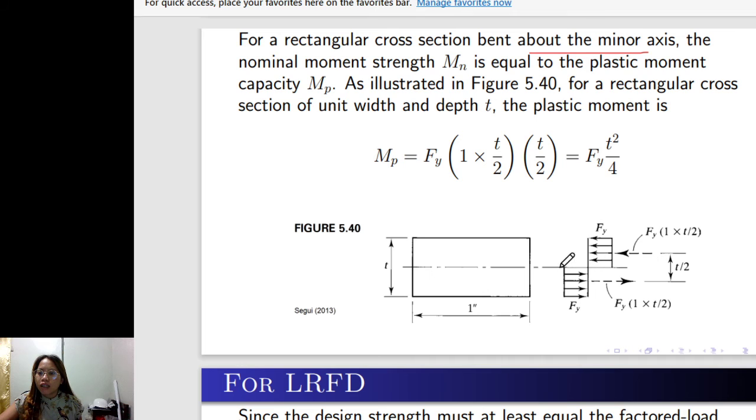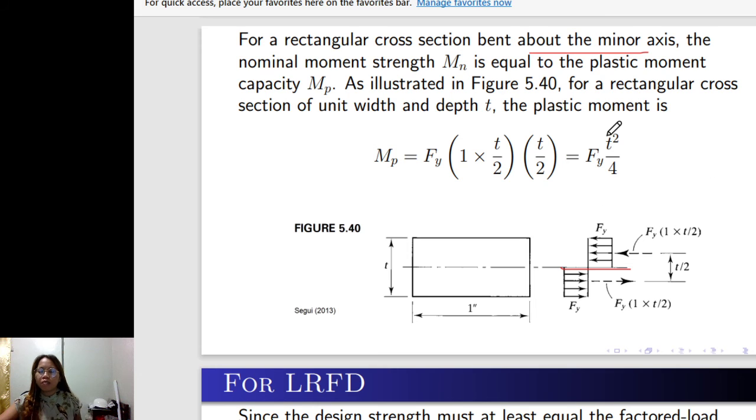If you take the moment at this part, so the Fy times the distance of the uniform load, that is thickness divided by 2, and times 1 inch, and times again the distance at the centroid of the force of this uniform load, that is t over 2.